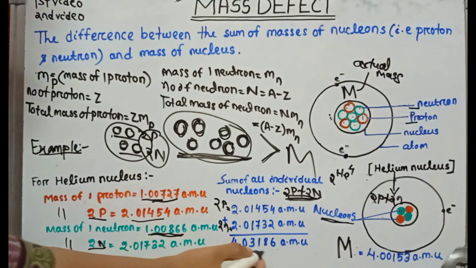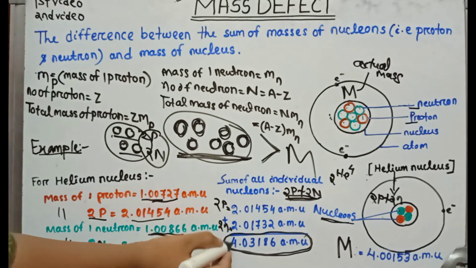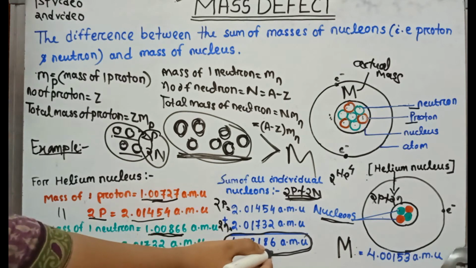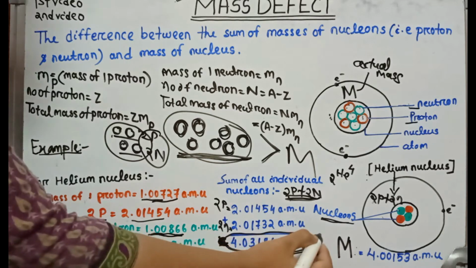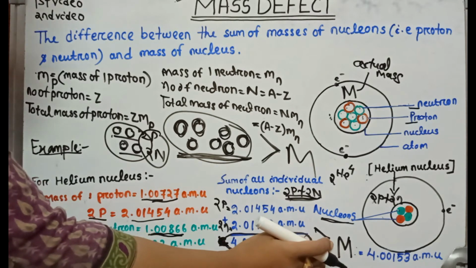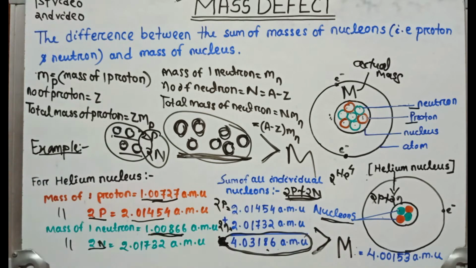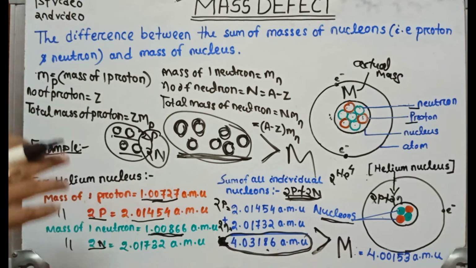See here students, this is the sum of the masses of all the individual nucleons, and this value is greater than the actual mass of the nucleus, and that difference is known as mass defect.